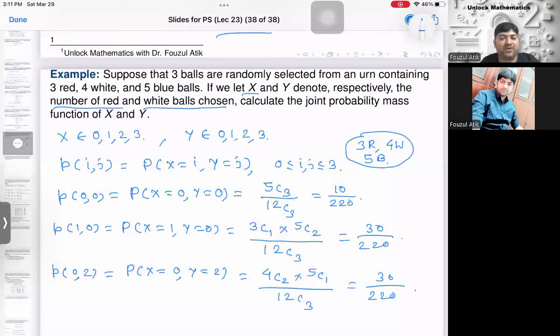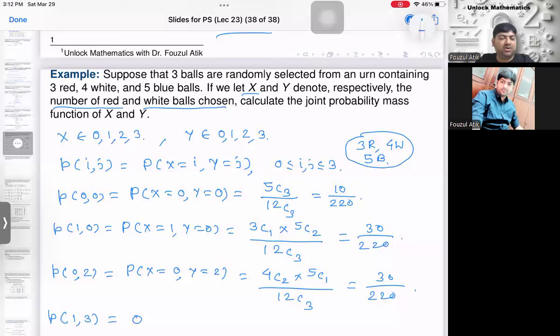In this way, you can find all these 16 probability mass values. Now, one observation I wanted to tell you: what is the probability P of 1 comma 3? It means that among these three balls, one ball is red and three balls are white. Is it possible? It is not possible, so this probability must be 0.